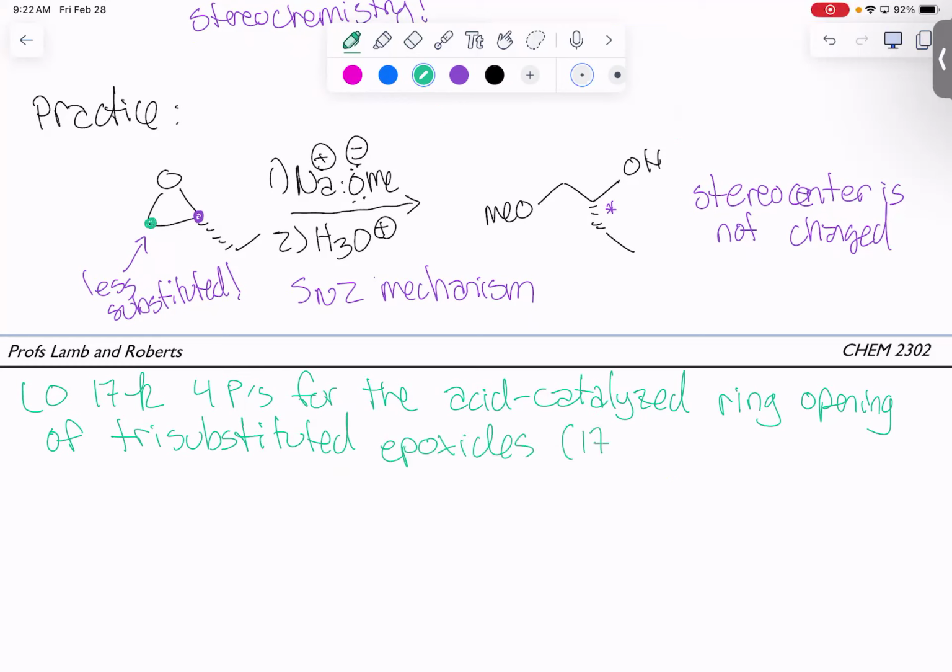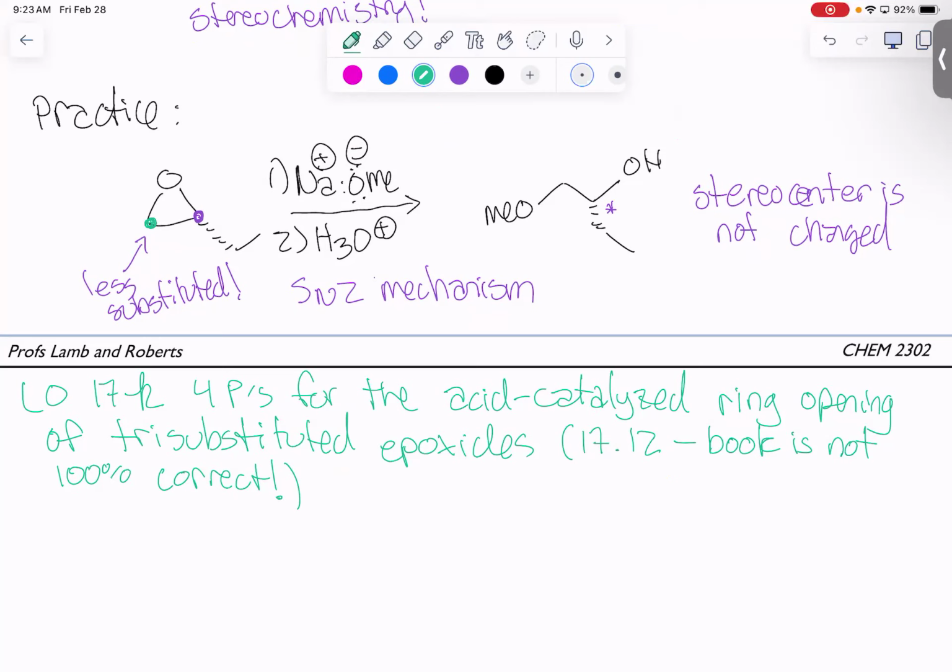Right, and this is in 17.12. I'll add the caveat that the book is not 100% correct here. Maybe it blows your mind that the book isn't 100% correct, but Professor Lamb did her PhD in epoxide ring opening, which is this very reaction. She's one of the world's experts on this reaction.